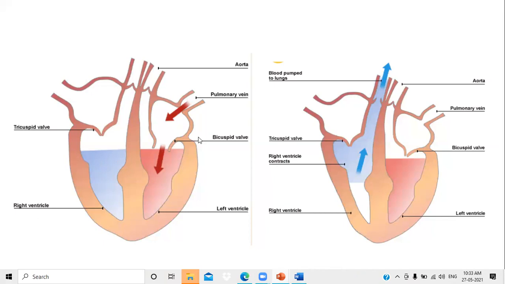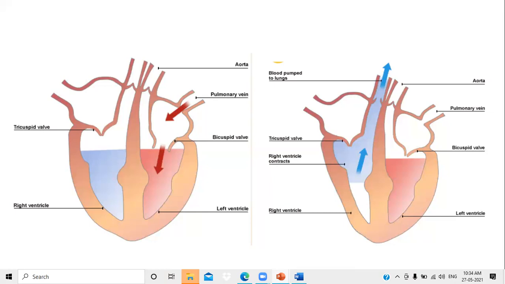So it will get into the left side of the heart from where? From the pulmonary vein. It entered the right side from the vena cava, which is a vein, and it will enter the left side of the heart also from a vein called the pulmonary vein. Into what? Into the upper room of the left side of your heart, which we call the left atrium.